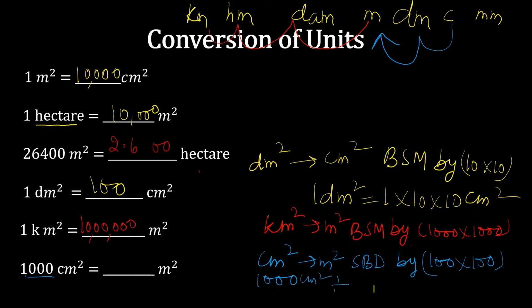So let us divide 1000 centimeter square by 100 into 100, which is 10,000. So 1000 divided by 10,000, you will cancel 3 zeros and you will get 1 by 10 meter square. And 1 by 10 is nothing but 0.1 meter square. So 1000 centimeter square is 0.1 meter square.